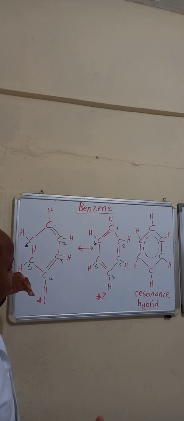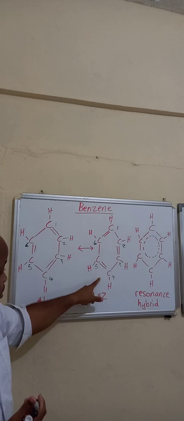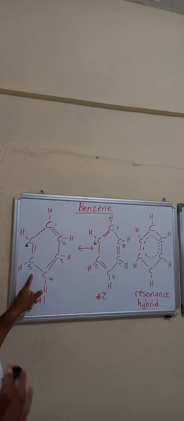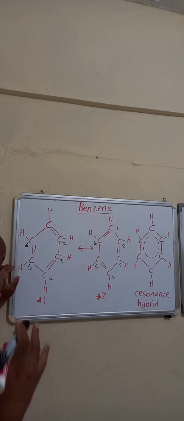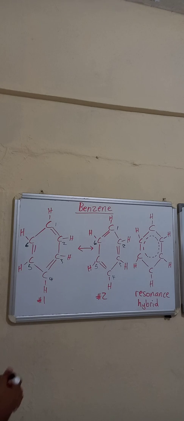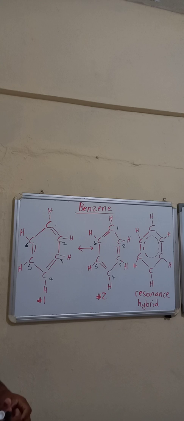Resonance occurs in benzene. So these two are the structures you will be using when you are doing reactions of benzene. And it is conjugated because when you look at these structures, they consist of alternate double and single bonds.